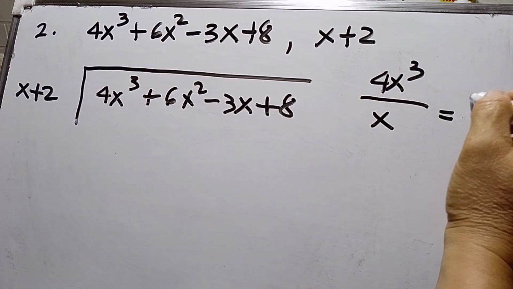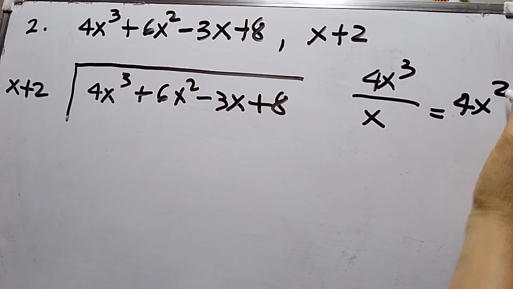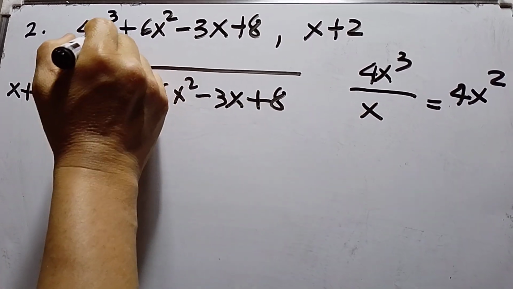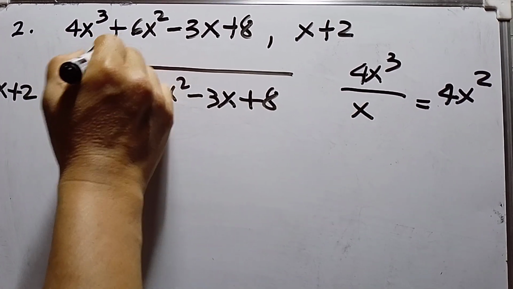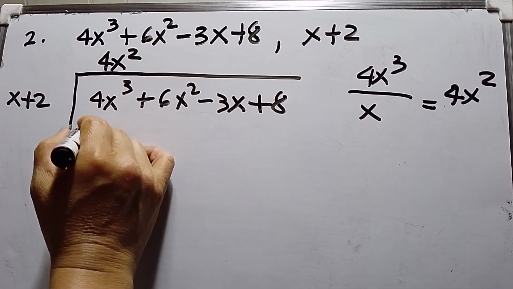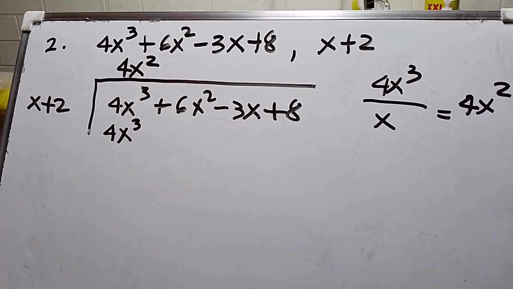So 4 divided by 1 is 4. By applying index law, x cubed divided by x will be x squared. So the first quotient is 4x squared. And then multiply. So 4x squared times x will be 4x cubed.